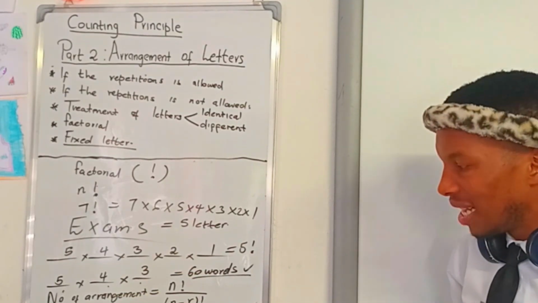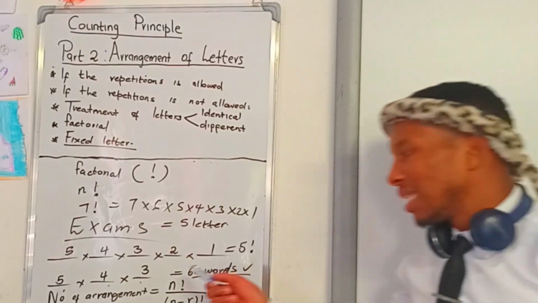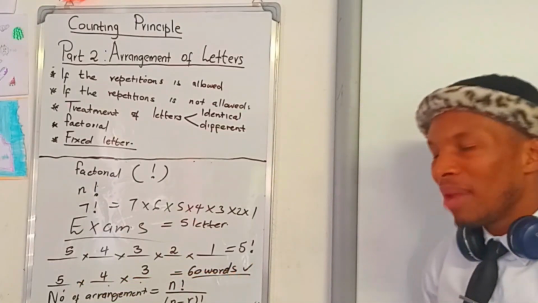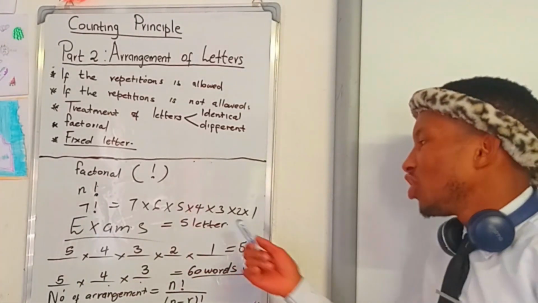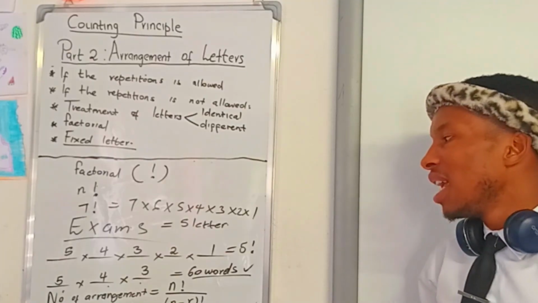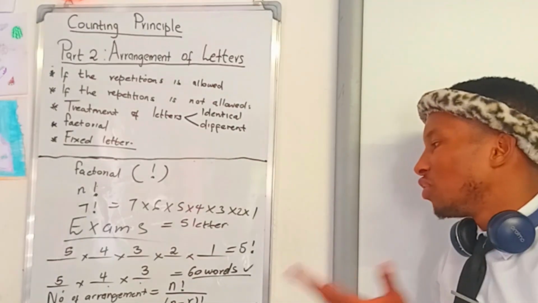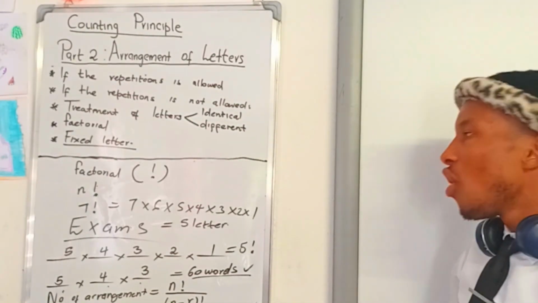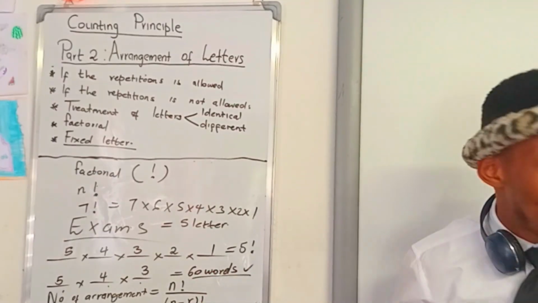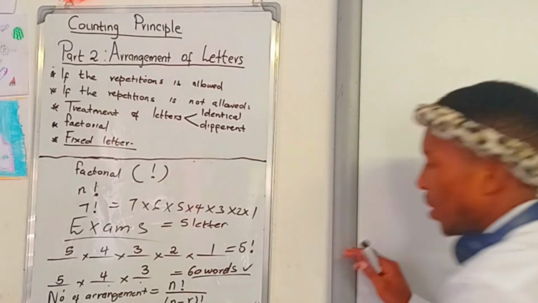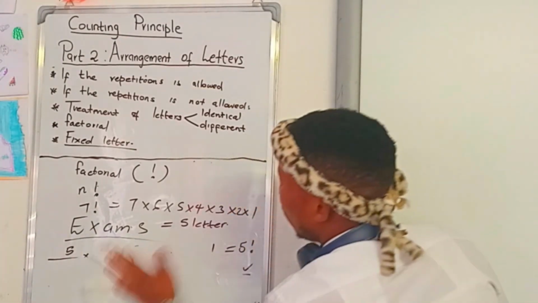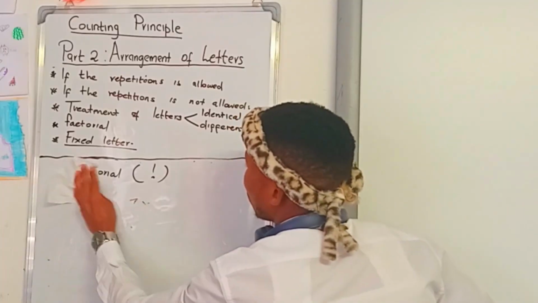If you are not going to understand it, leave it. Just take the horizontal line, put the multiplication sign. After that, you count the number of letters, the total number of spaces. Then you check whether repetition is allowed or not allowed. Then you apply your rule. That is going to be simple for you. Okay, leave the formula. All right, let's go.